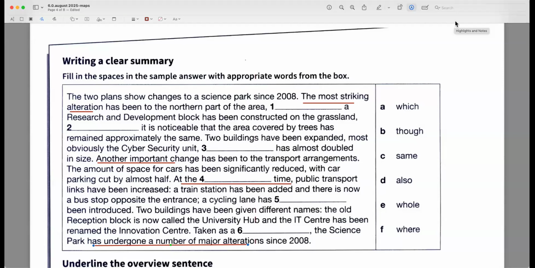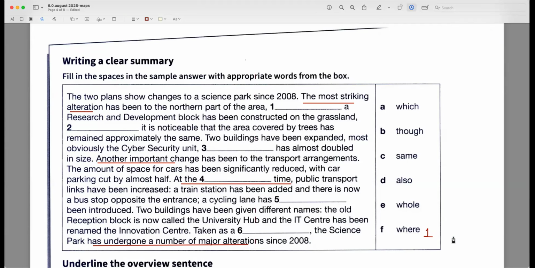Okay, finish. Ngọc, number 1. Yeah, please read the whole sentence. The most striking alteration has been to the northern part of the area where a research and development plot has been constructed. Yeah, keep going until number 3.